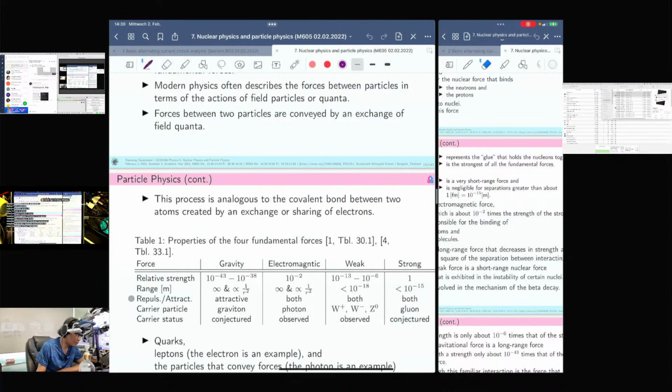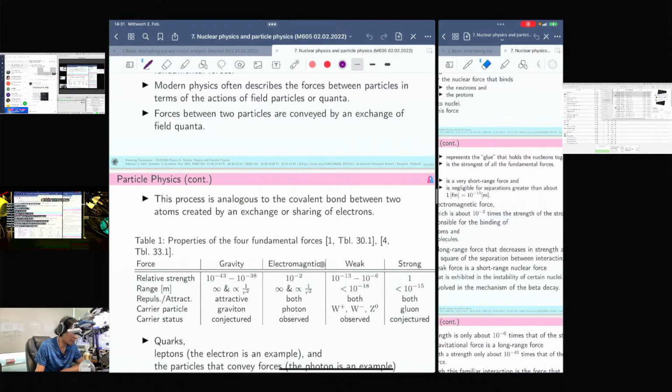Let's talk about whether the force could be repulsive or attractive, whether it joins two particles together or repels two particles from each other. For the gravitational force, it is only attractive. There is no repulsive force for gravity. If you are close to any planet, you will be attracted to that star. For electromagnetic force, you can get either a repulsive or attractive force.